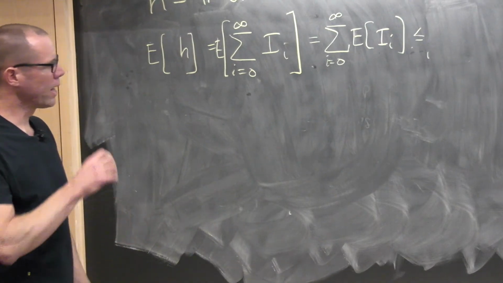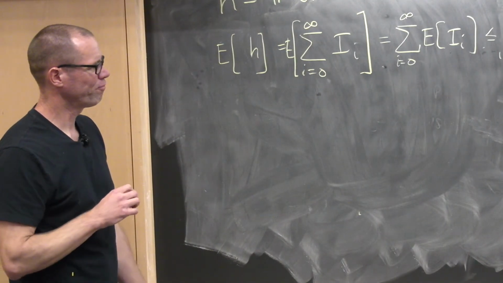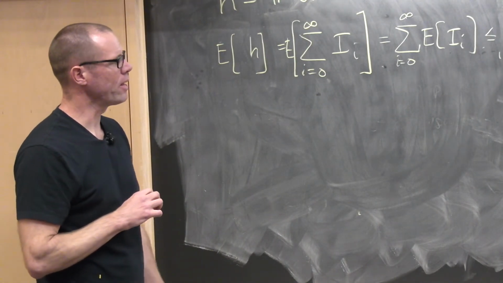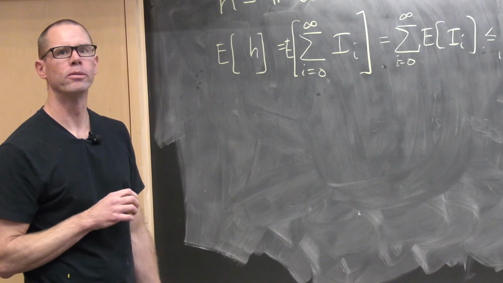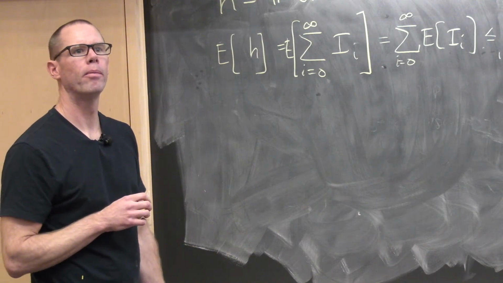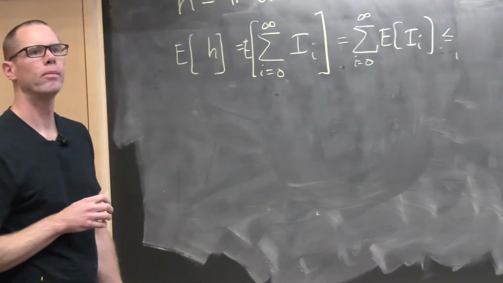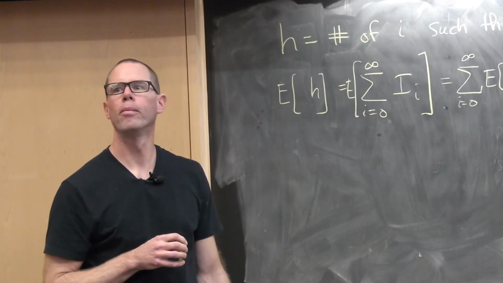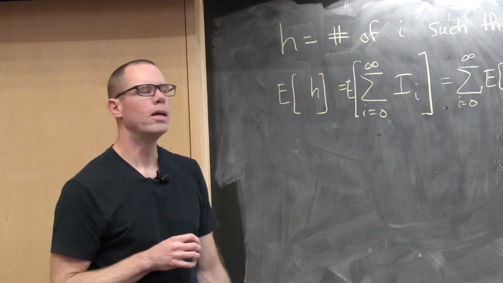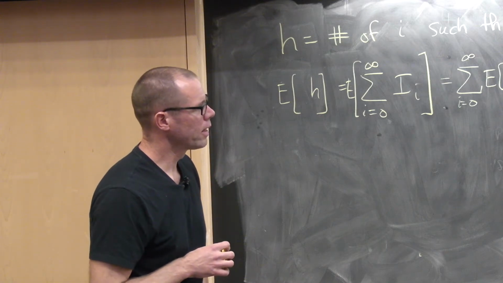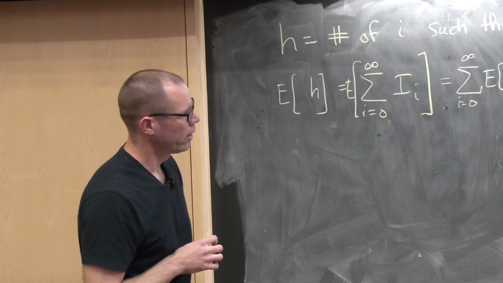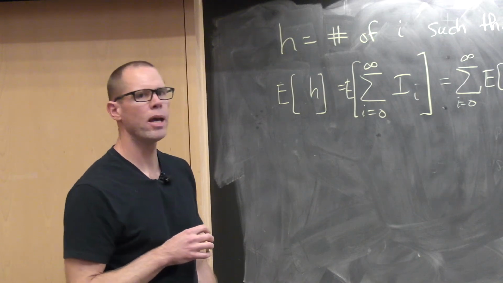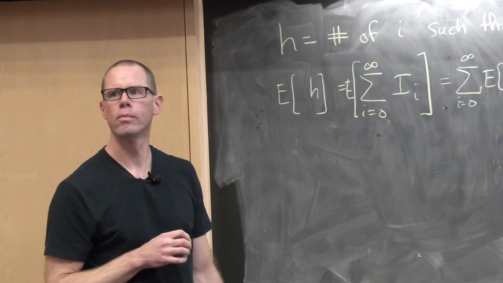Can you tell me anything else about I sub I? Is there another thing that you could say it's less than or equal to? Yeah. It's less than or equal to 2n. Why do you bring n into it?